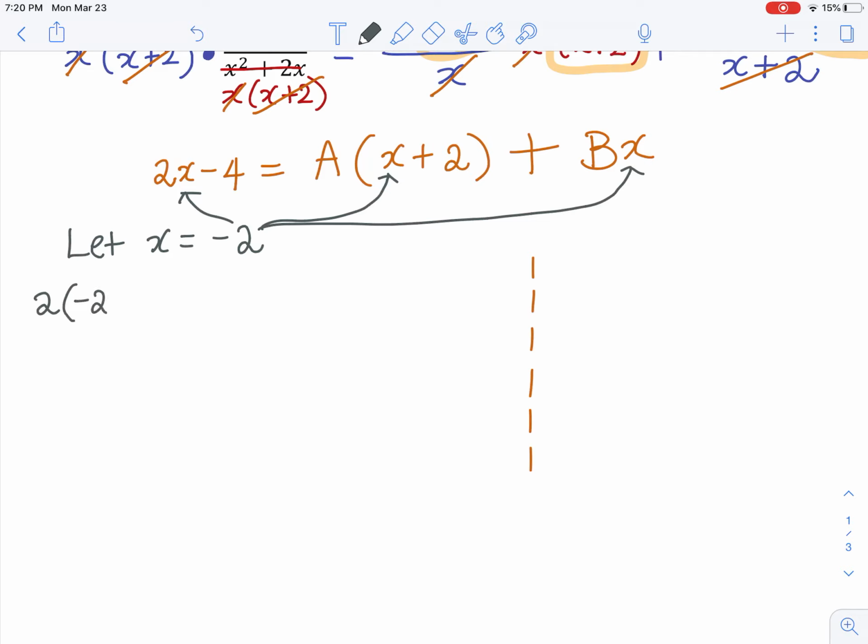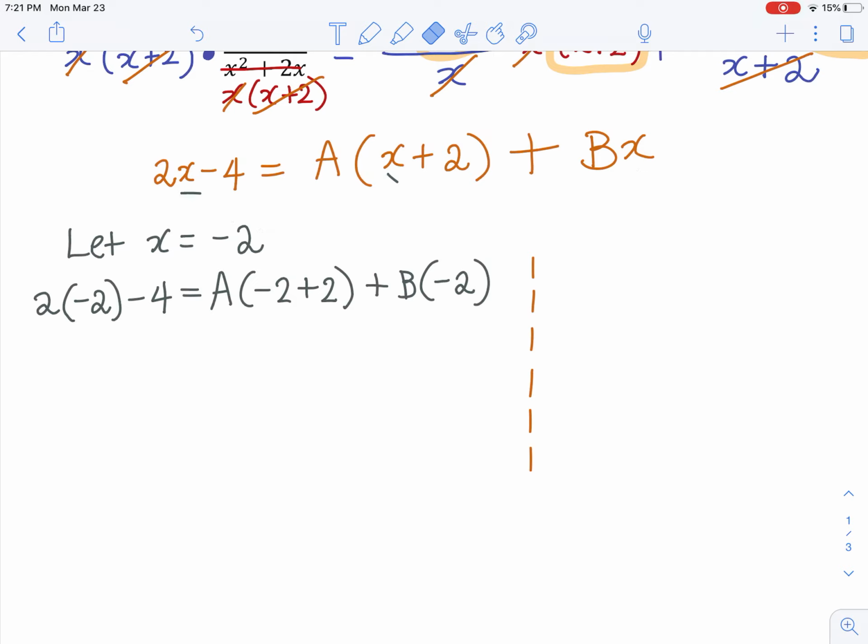That will turn into 2 times -2 minus 4 equals a times -2 plus 2 plus b times -2. You okay so far? Let's simplify. That will be -4 minus 4 equals a times 0 plus b times -2.